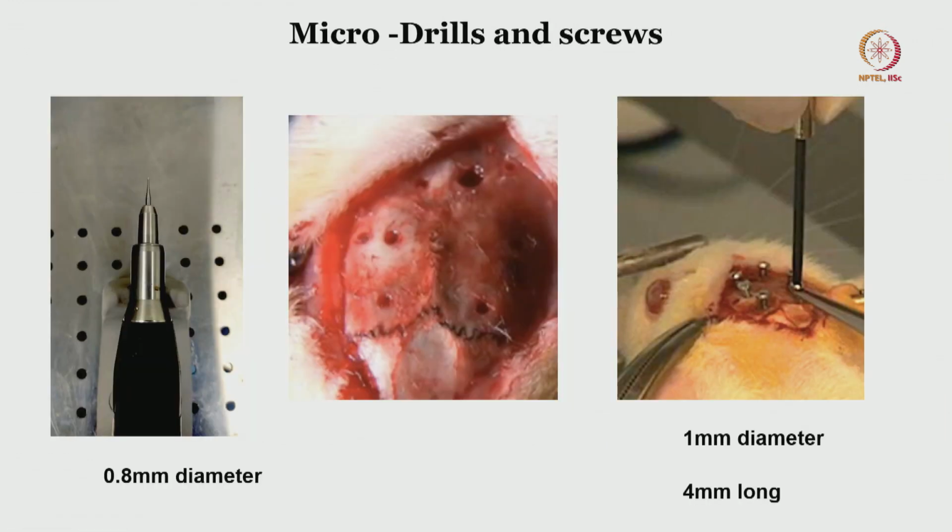But how do you decide the size? Generally, the diameter is pretty much standard, between 0.6 and 0.8 millimeter. So it is a micro drill, and these are examples of how you make burr holes before any sort of surgery.